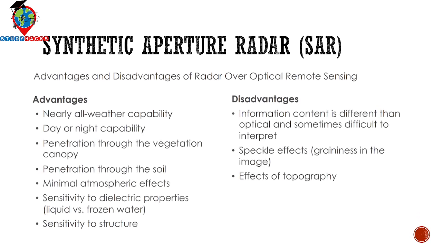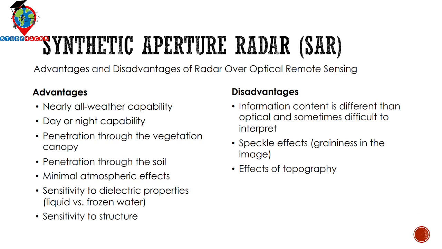So now we talk about SAR data, basically synthetic aperture radar. These are the advantages and also disadvantages of SAR. The advantage is nearly all-weather capability. Suppose your region is very cloudy, then you can still easily get all the information. It provides very clear and clean imagery when you use SAR data.